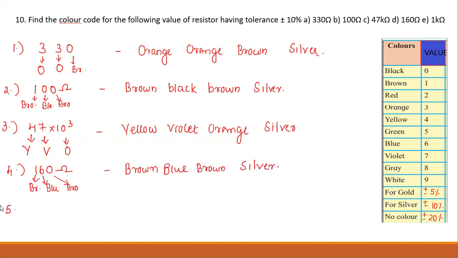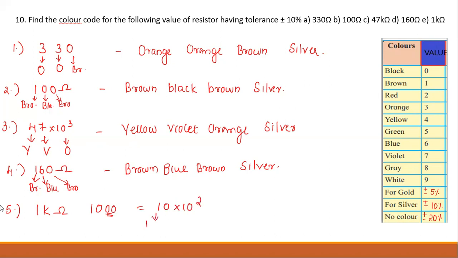Next is fifth one. 1 kilo ohm. 1 kilo ohm means 1,000 will come. 1,000 means first two digits for the value. Second one should come as the power of 10. So this we can write 10 into 10 raised to 2.